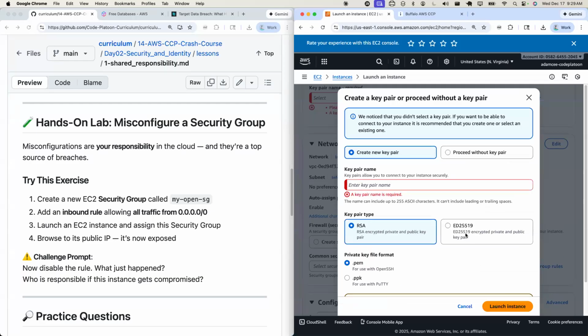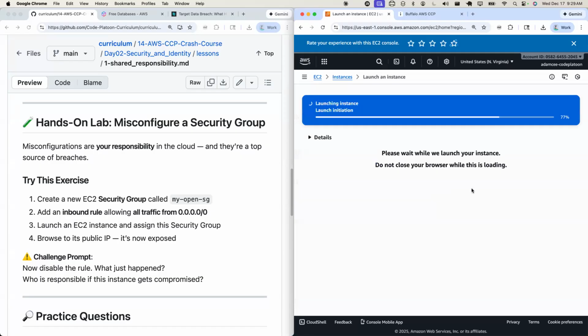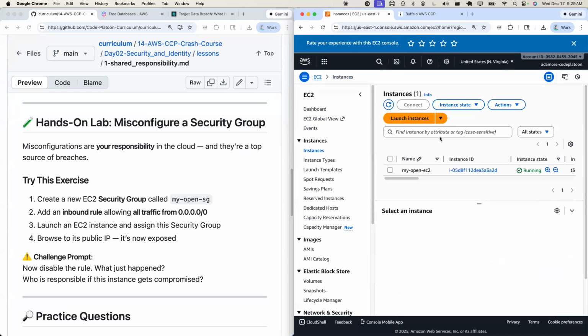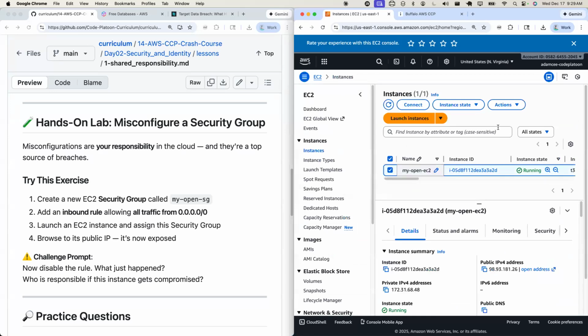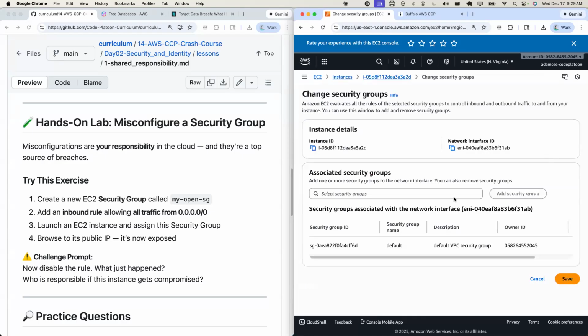Normally you would make an SSH key, but in this case, we're just adding it to a security group. And now let's see if I can add it to a security group.